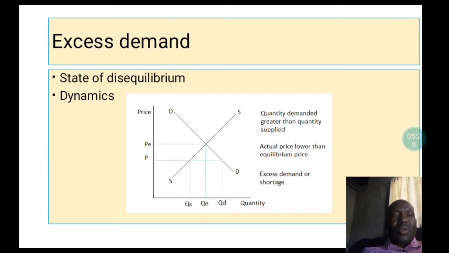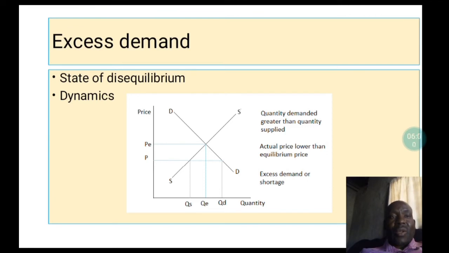So the natural consequence of a situation like this is that the prices will start rising because there are more people demanding your product, but what is on the market is little, so it cannot satisfy the demand that is on the market. As a result, more people need these products and the prices will start rising, moving towards the equilibrium point.